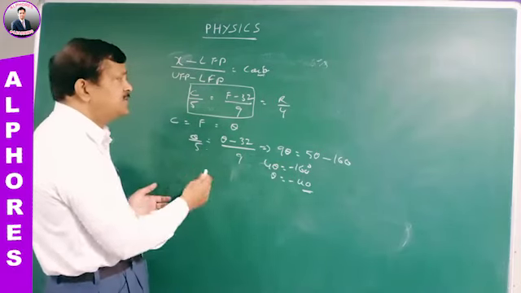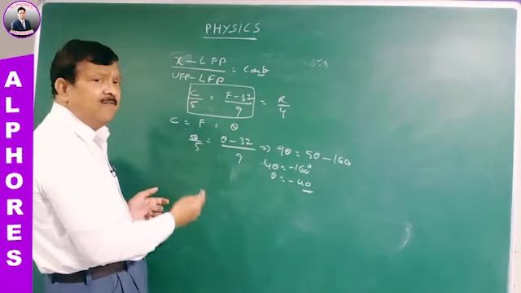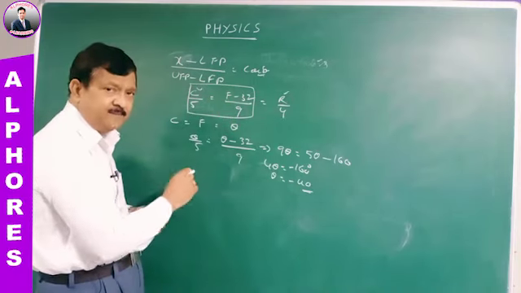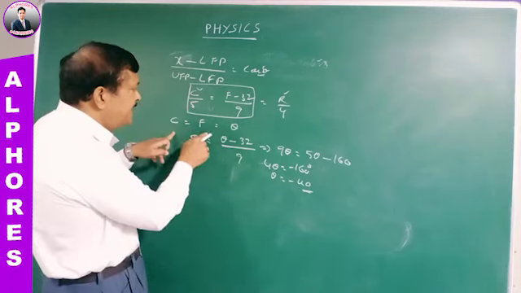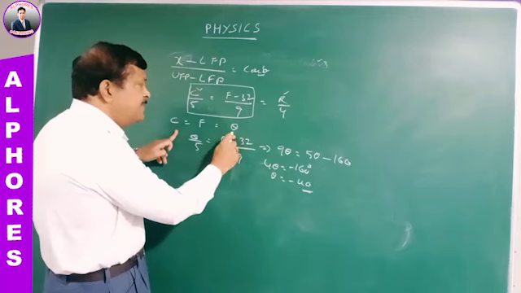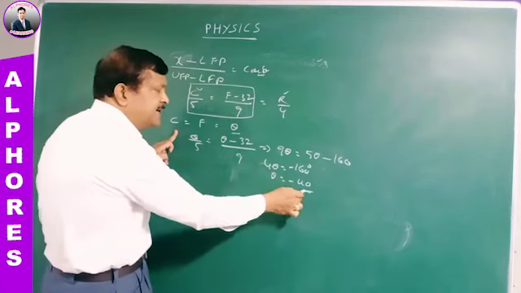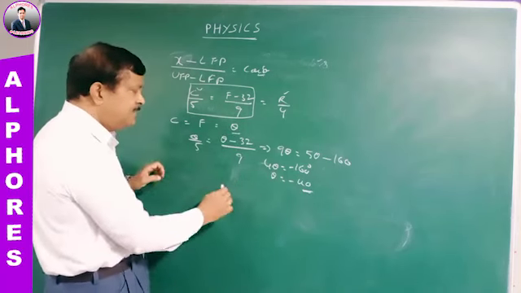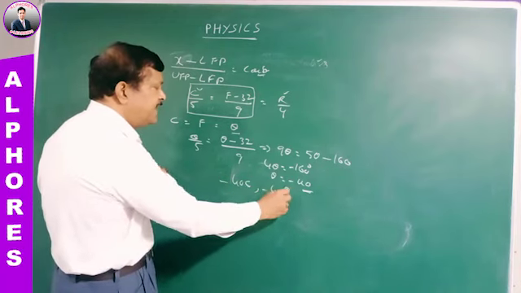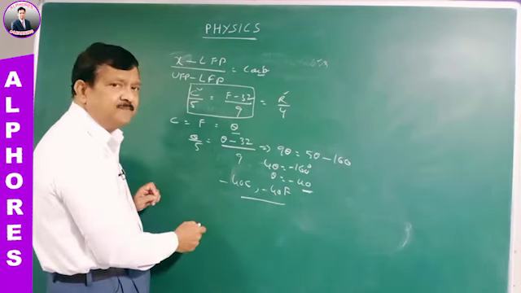Now let us suppose, can we have a temperature where the centigrade scale and Reamur scale will give the same reading? Here we considered a case where the centigrade thermometer and Fahrenheit thermometer both give the same reading, and that takes place at a temperature of minus 40. That means minus 40 degrees centigrade or minus 40 degrees Fahrenheit, both are one and the same.